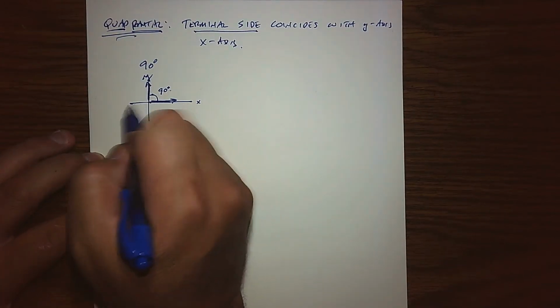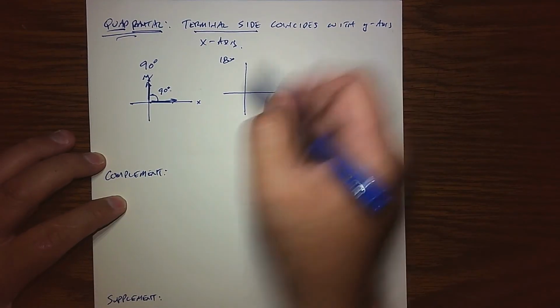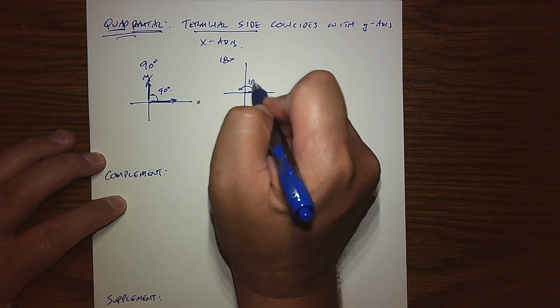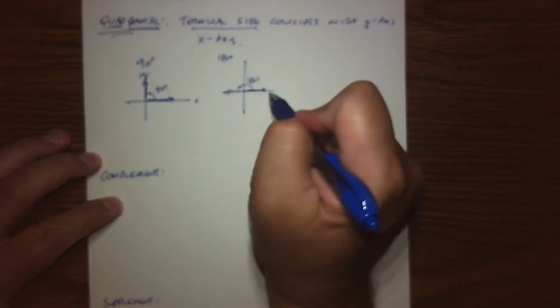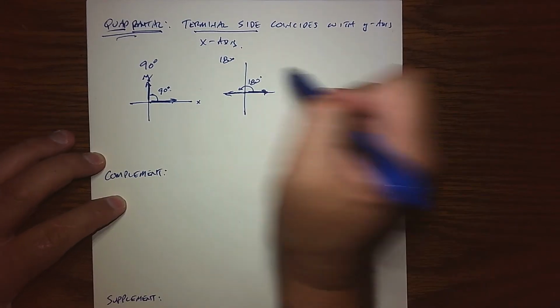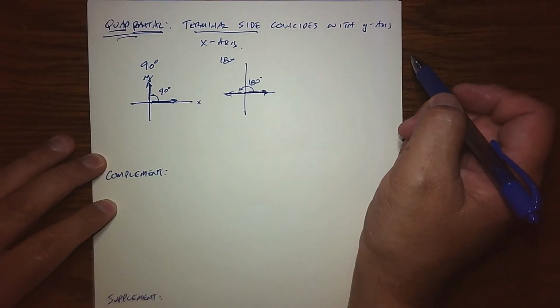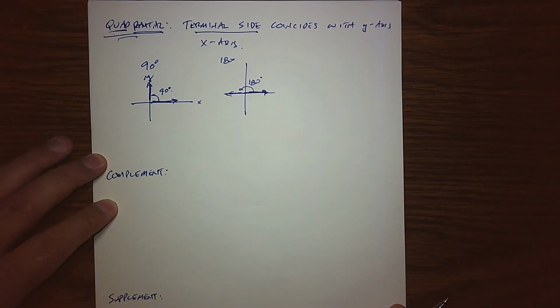Well, if we keep rotating, we're talking about 180 degrees, so our straight angle. This would start this way, go through a half rotation, and we're now pointing along the x-axis on the negative side. So there would be 180 degrees, and that would be another example of a quadrantal angle because its terminal side coincides with one of my axes.